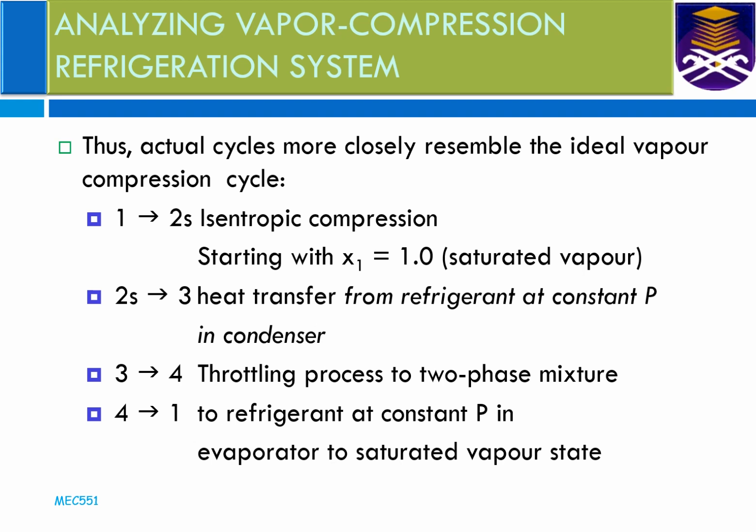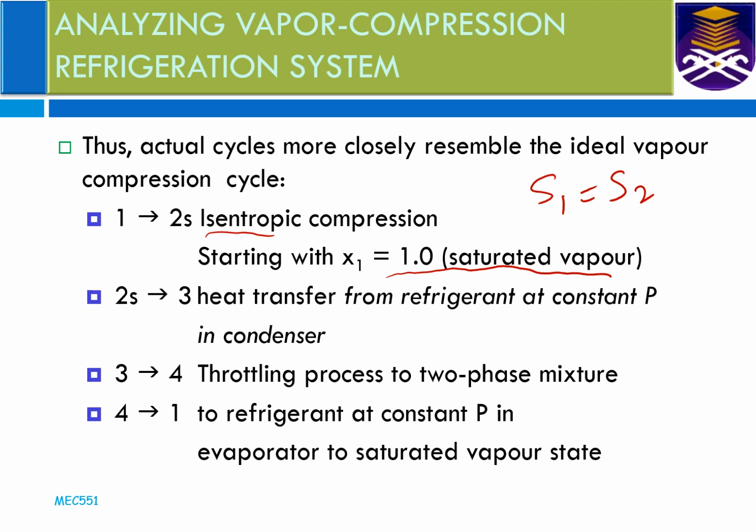Okay, so this is a summary of the processes I mentioned before. 1 to 2 is the isentropic process, started at the saturated vapor. So for process 1 to 2s, S1 is equal to S2, so there is no entropy change. An isentropic process is adiabatic and reversible, so there is no heat exchange.